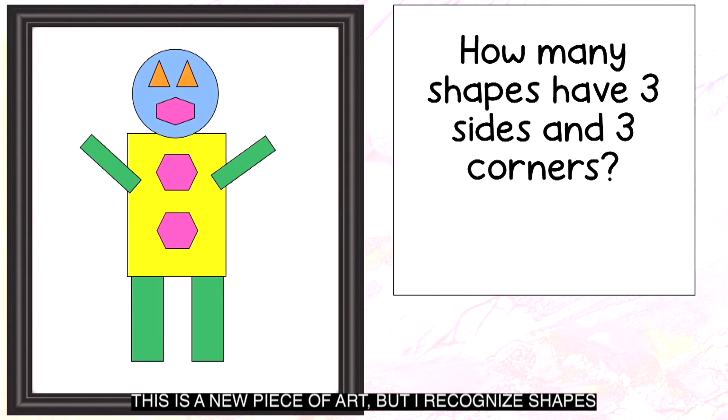This is a new piece of art, but I recognize shapes in this art, like circles, rectangles, squares, hexagons, and triangles. Since this art is made up of 2D shapes, I will name this art piece 2D Shape Man. When you look at 2D Shape Man, how many shapes have 3 sides and 3 corners?